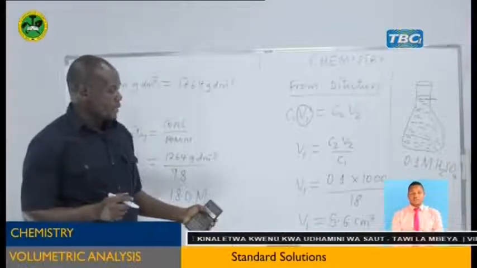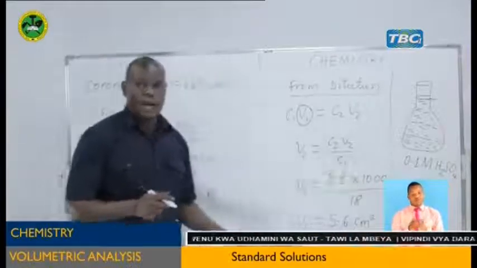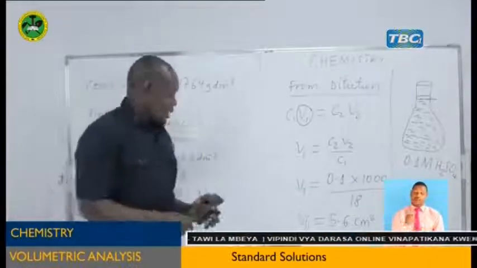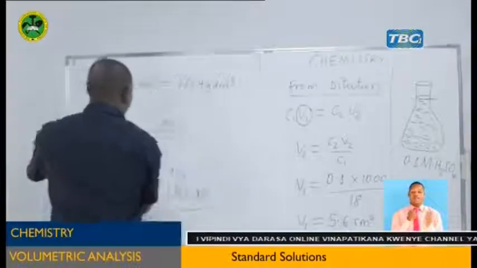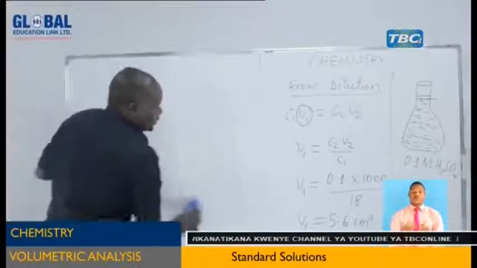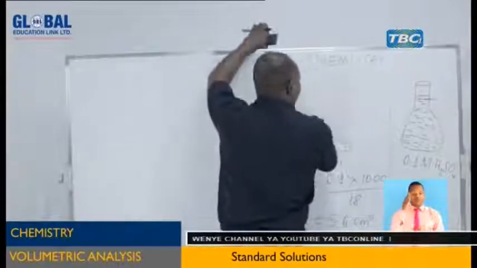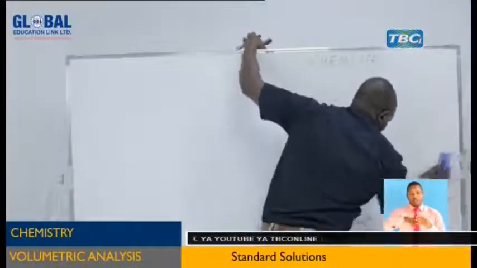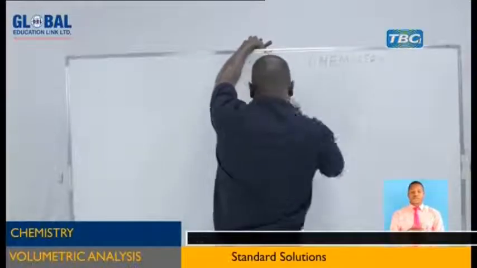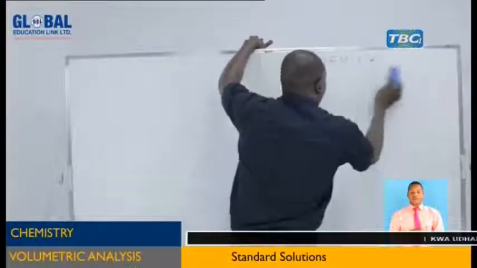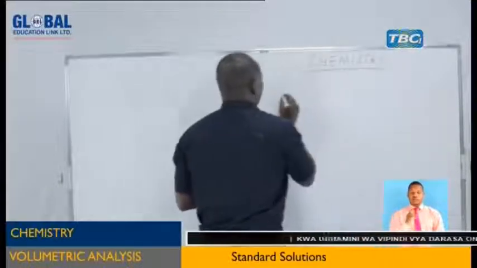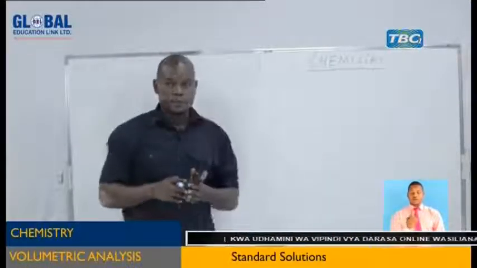Now, my dear students, after having this knowledge, let us consider some examples or questions that need you to use this knowledge in answering them. Let us go to question number 1.